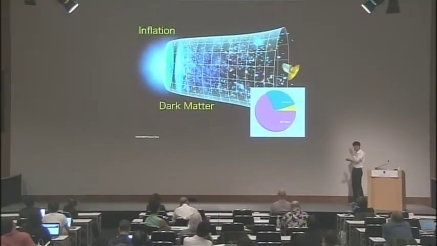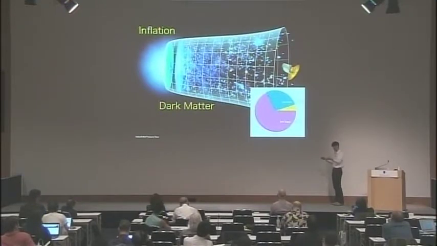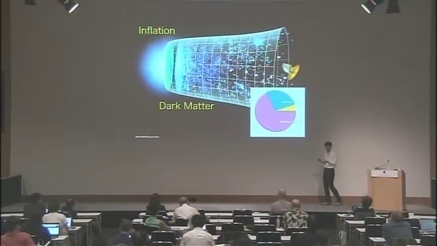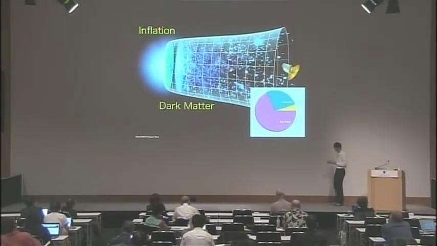Usually after reheating, namely when the inflaton decays into the standard model fields, this reheating process is assumed to be complete. Namely, the inflaton just disappears from the universe after reheating. But if for some reason the reheating is incomplete, even though most of the initial energy of the inflaton goes to radiation, some small fraction of it could remain, and later on it may become dark matter.